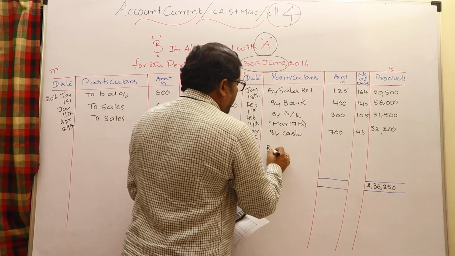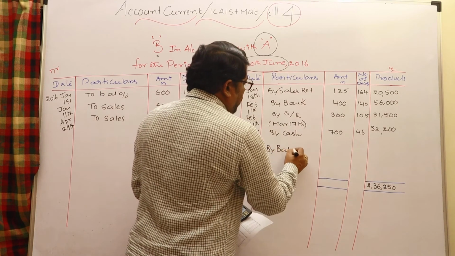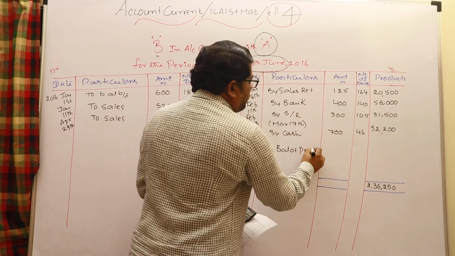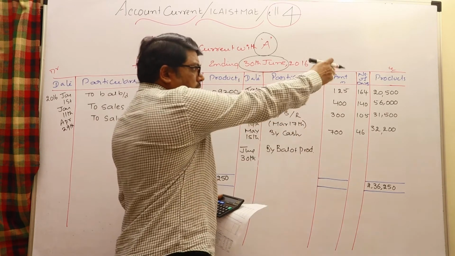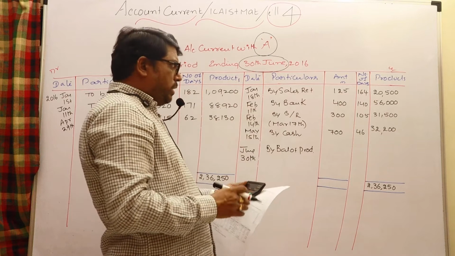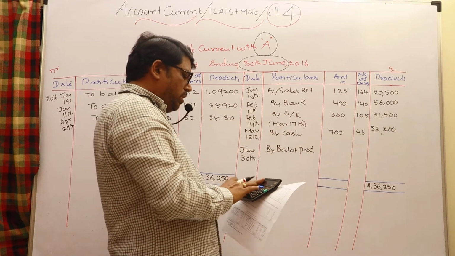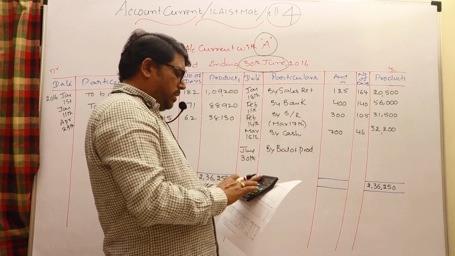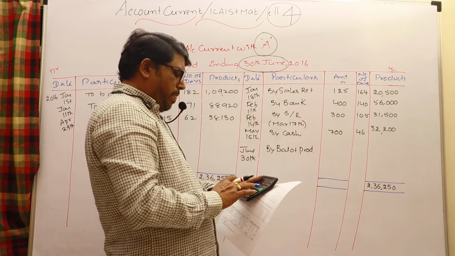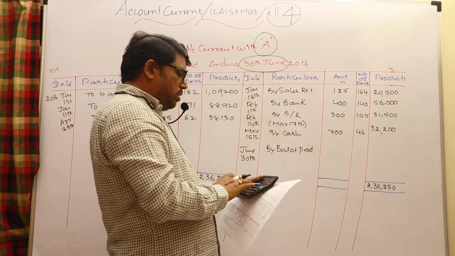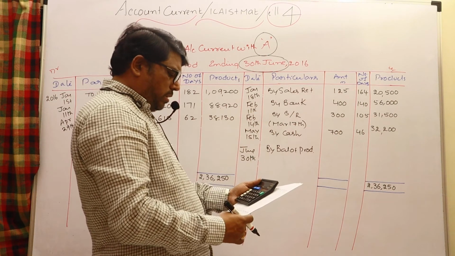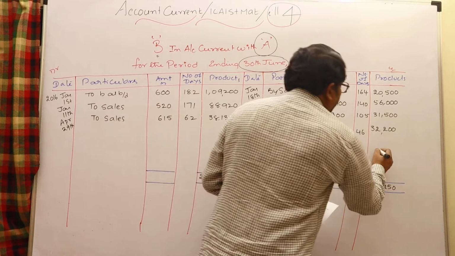Let us find out the balance of products. Out of 2,36,250, minus those 4 amounts: minus 20,500, minus 56,000, minus 31,500, minus 32,200. The resulting product is 96,050.